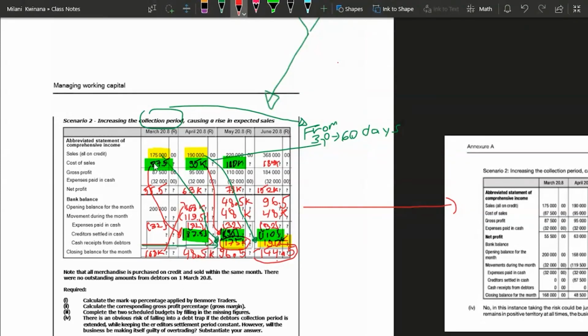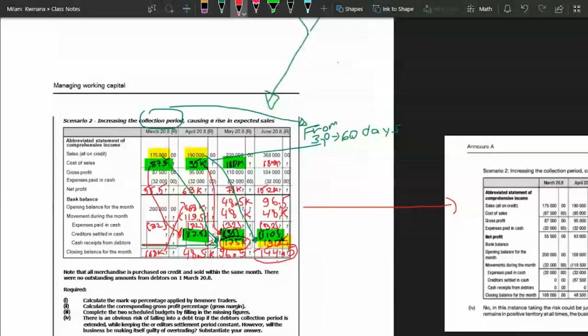Yes, sir. Under scenario 2, the debtors are paid after 60 days. No, Milani. On scenario 1 and 2, the creditors period doesn't change. Yes, I'm aware of that. The creditors are us. We pay them after 30 days.